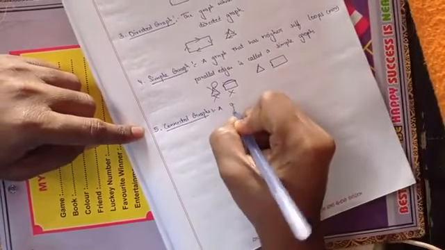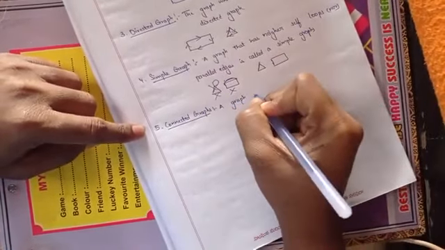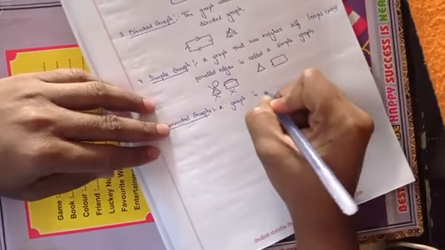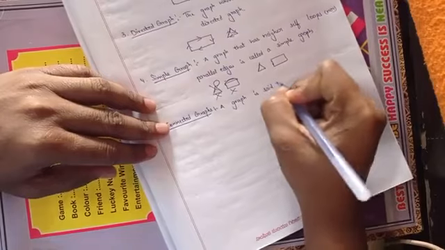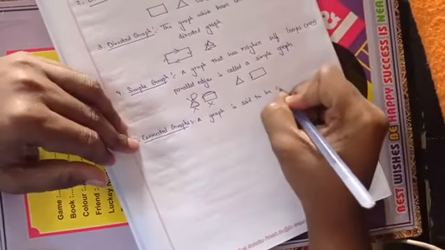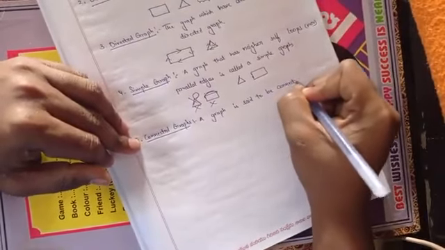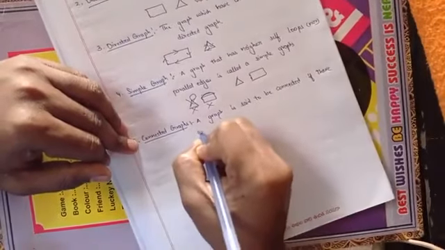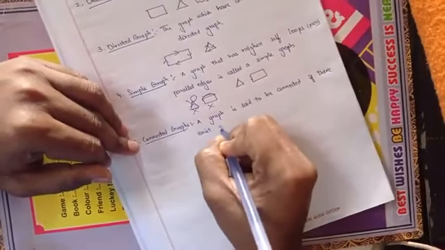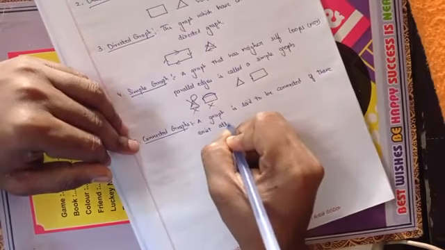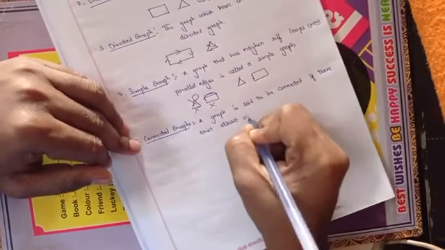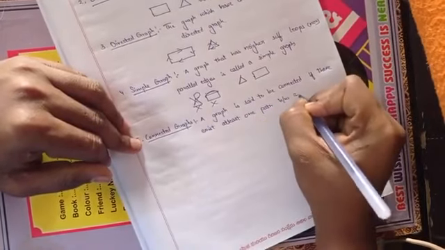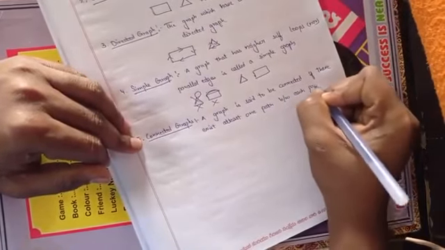A graph is said to be connected if there exists at least one path between each pair of vertices.